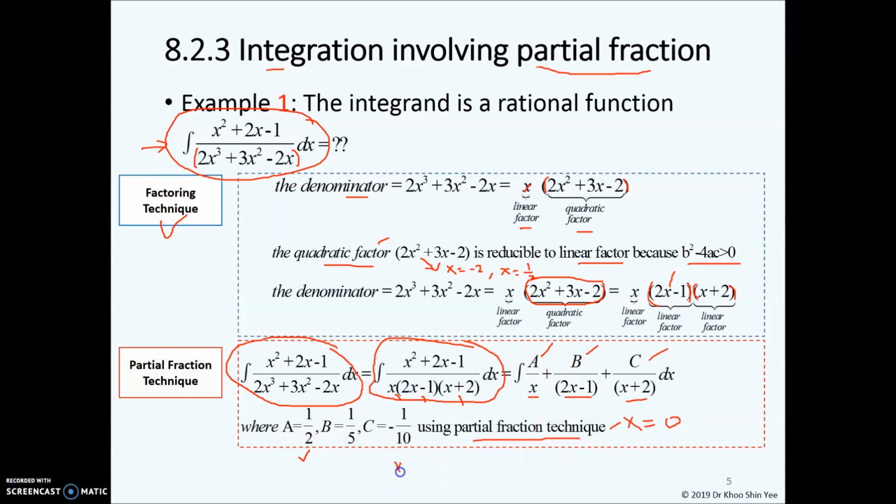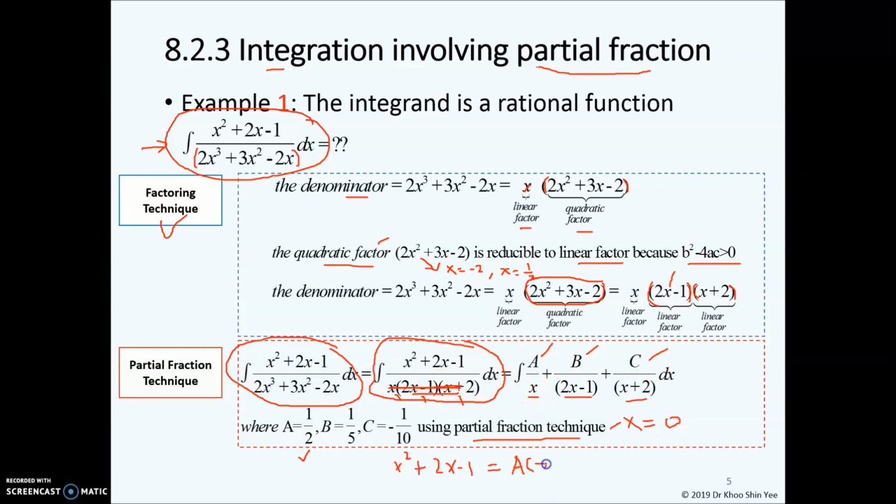You should get this x squared plus 2x minus 1. Multiply both sides with this denominator, you can cancel it off, right? It should be equal to a times 2x minus 1 times x plus 2, since the x term is cancelled off.